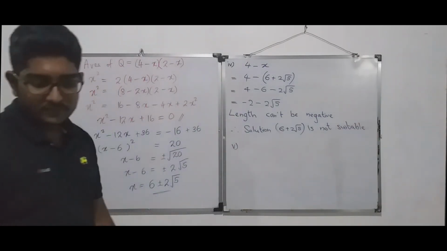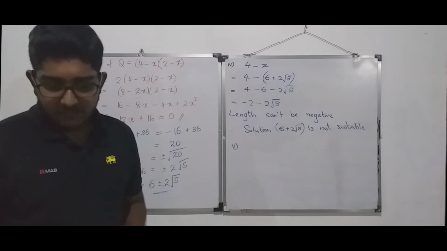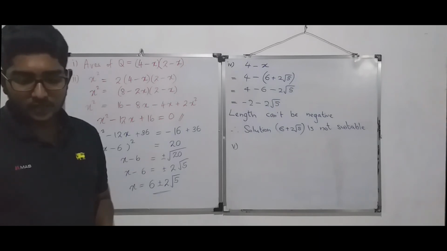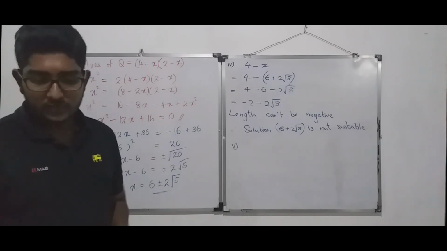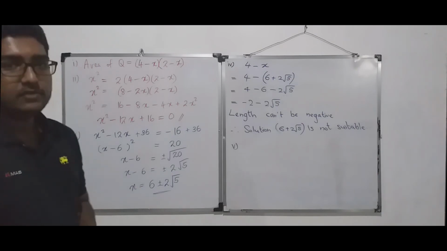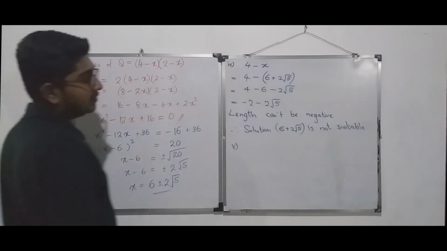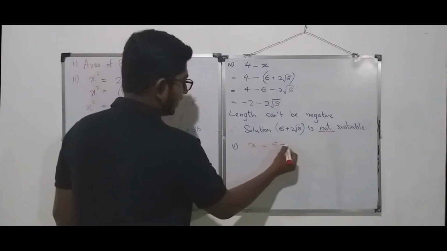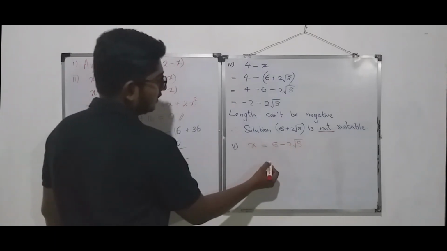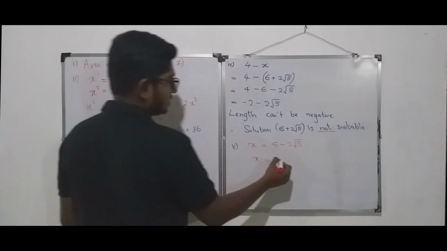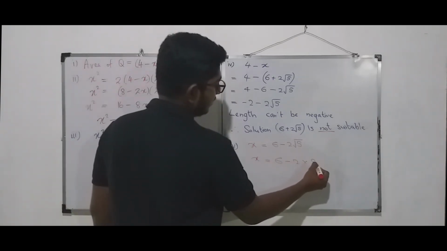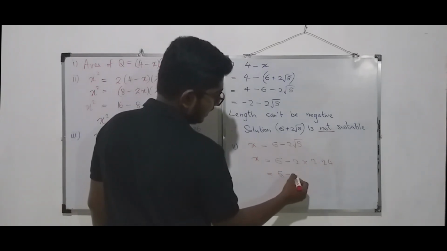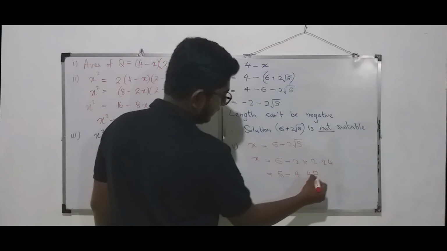Problem number 5. By taking the value of root 5 as 2.24, find the suitable value of x. So if this is not suitable, the suitable value for x is 6 minus 2 root 5. Then we have to find the value of x by considering root 5 as 2.24. When we multiply, we get 4.48.